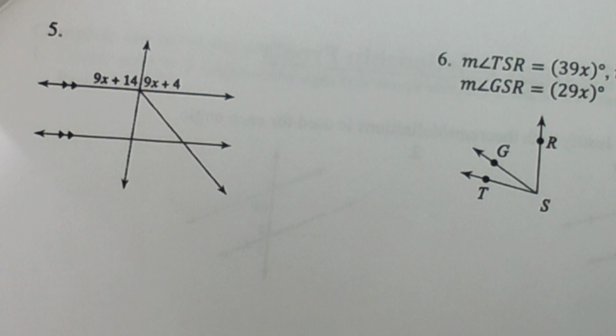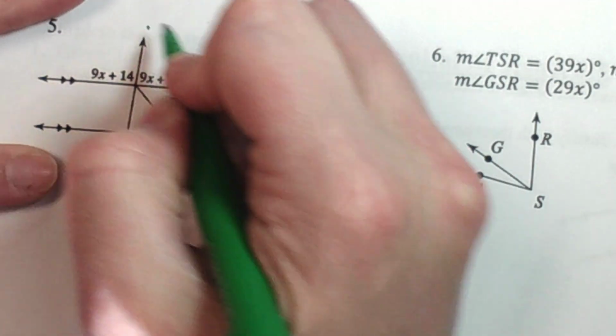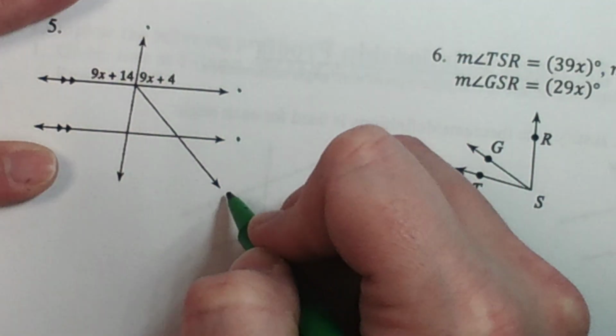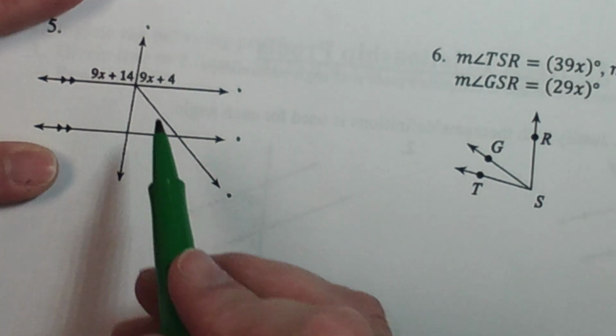Question 5. Take a look at those angles. Are there lines here throwing us off? Yeah. Okay. 1, 2, 3, 4. 4.